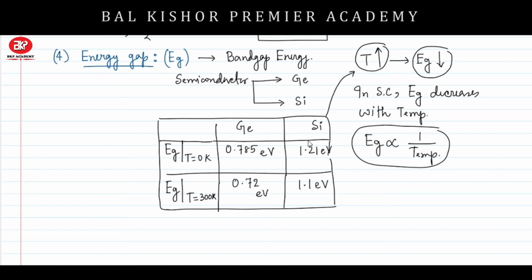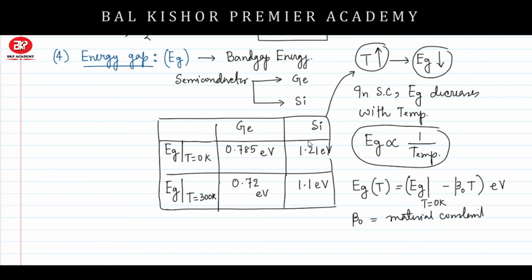This information can be written in an equation form: Eg, that is the bandgap energy at any temperature capital T, will be Eg at T equals 0 K minus beta 0 into capital T in electron volt, where this beta 0 is denoted as the material constant of the semiconductor, and it has a unit of electron volt per degree Kelvin.